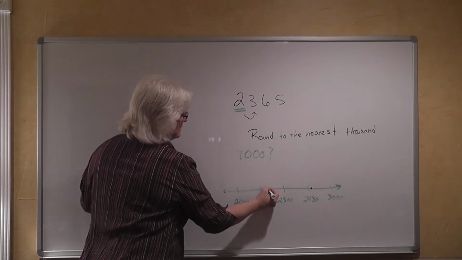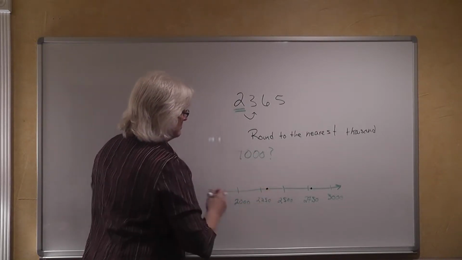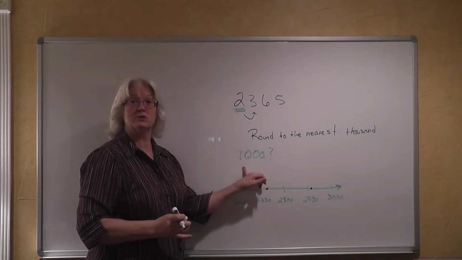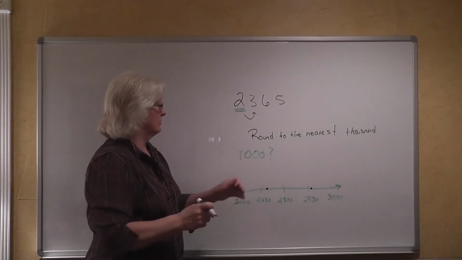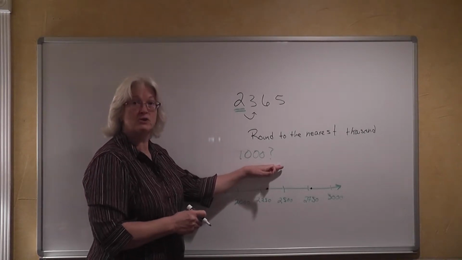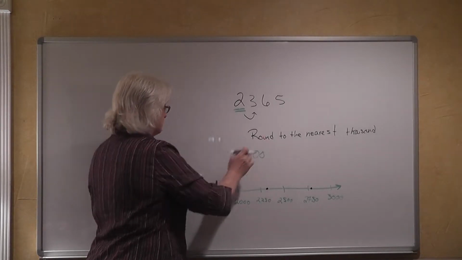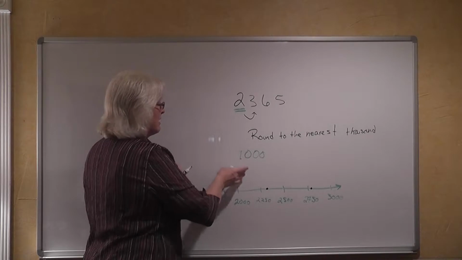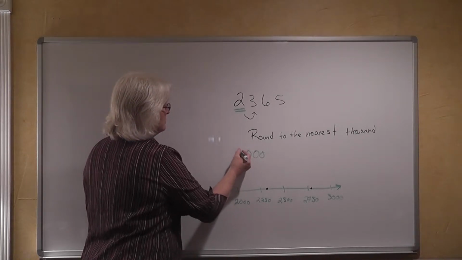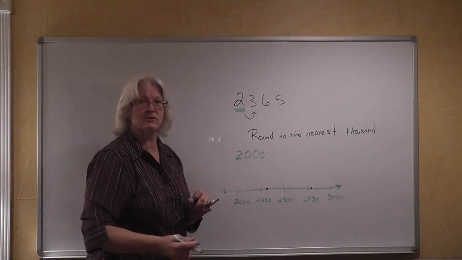Maybe someplace around here. Is that anywhere close to 1,000? No. This is a common mistake that you make when you're first beginning to round numbers. It's not going to round to 1,000. Rather, it's going to round to 2,000.